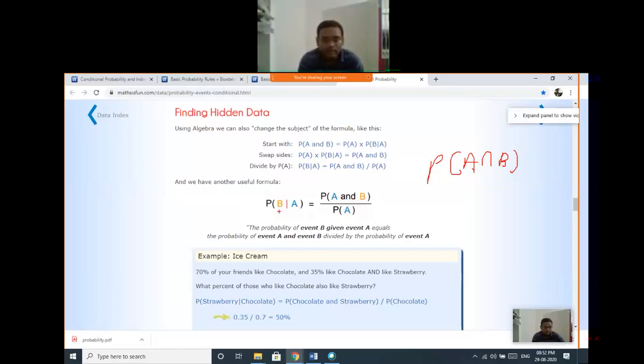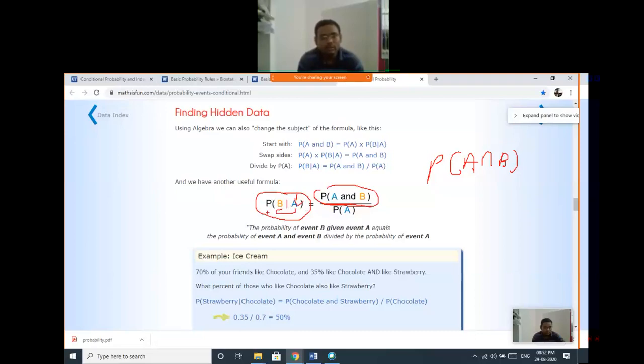So this formula you can remember like this: every time the conditional probability is calculated, you have to put over here the intersection of the things which are available, A and B intersection, and division by whichever is given. This is given to us.